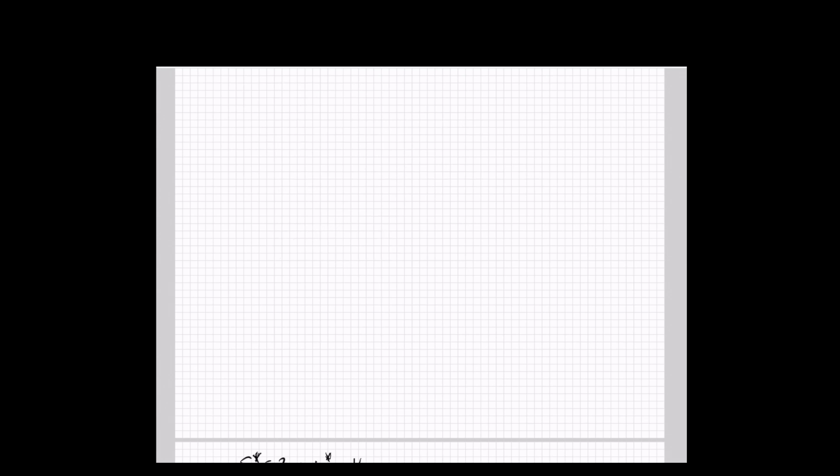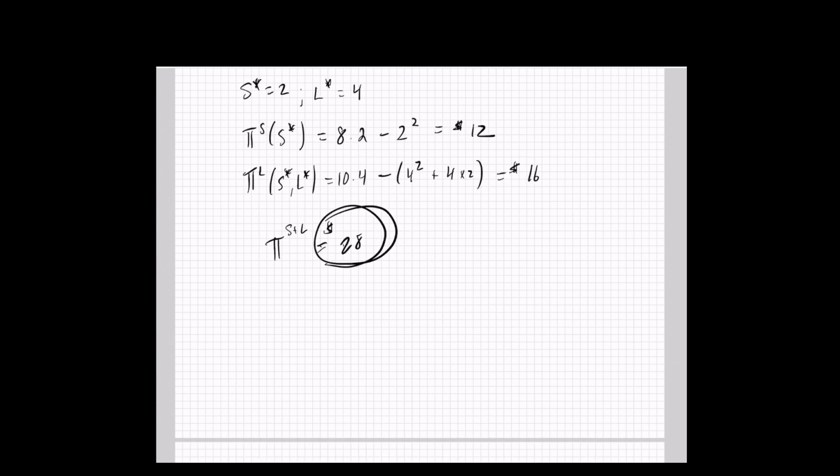So 28 is greater than 25, and so the point is that the efficient level of production is different from the individual optimal level of production, right? The steel, the polluting firm, goes down.